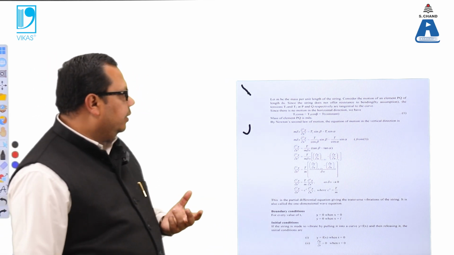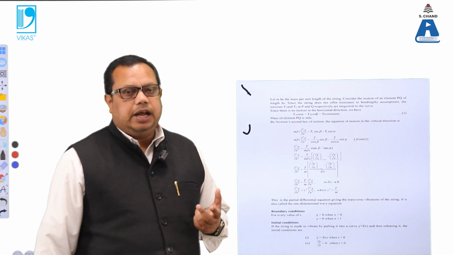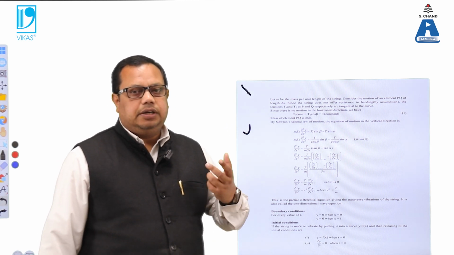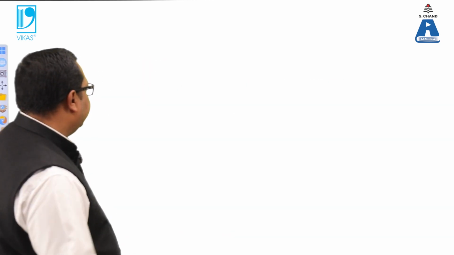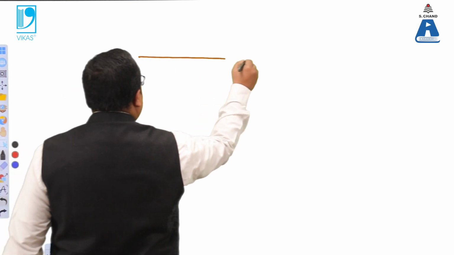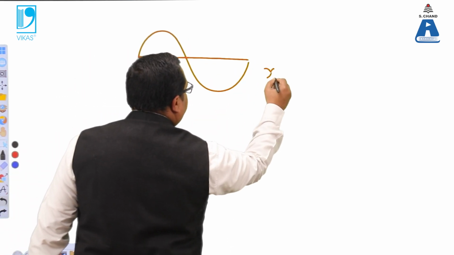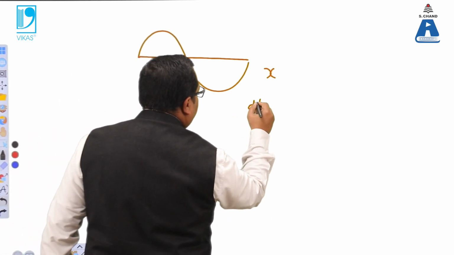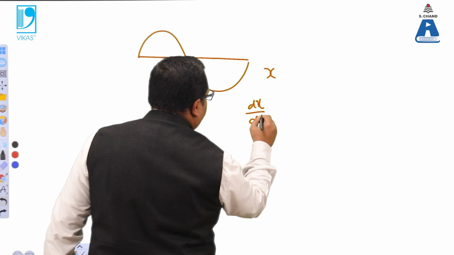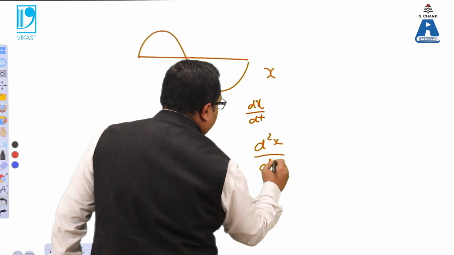It is basically that when the wave is propagating, there is a displacement equation given to us. Here again we see this is the wave. X is given in terms of the displacement equation, and then we calculate dx/dt, and then we calculate d2x/dt².